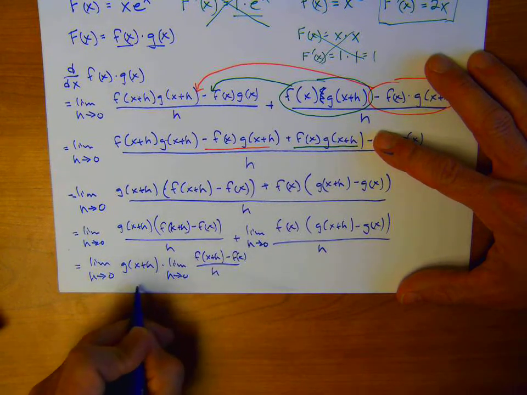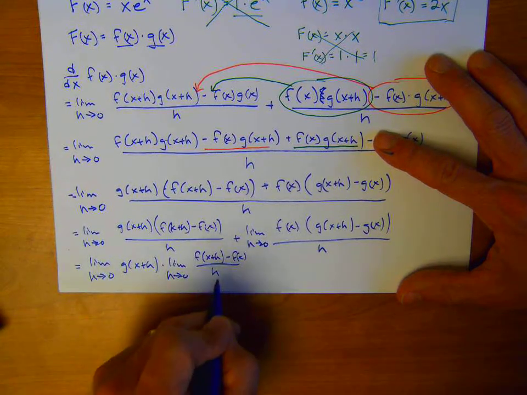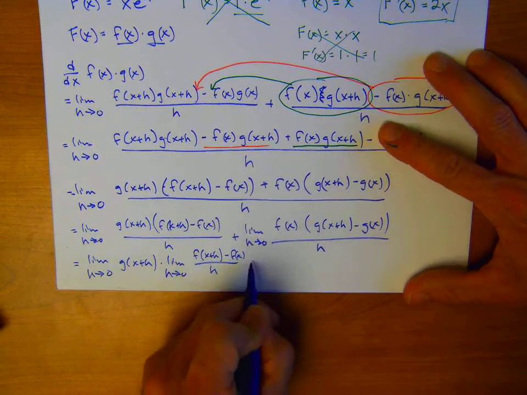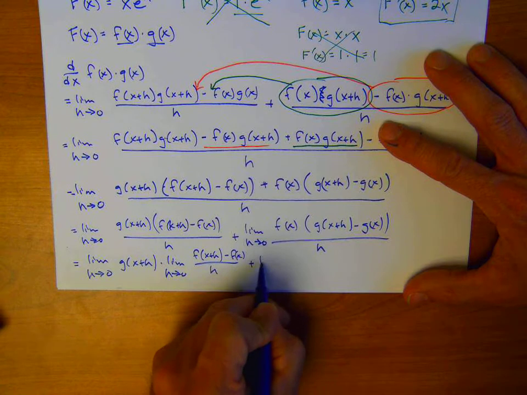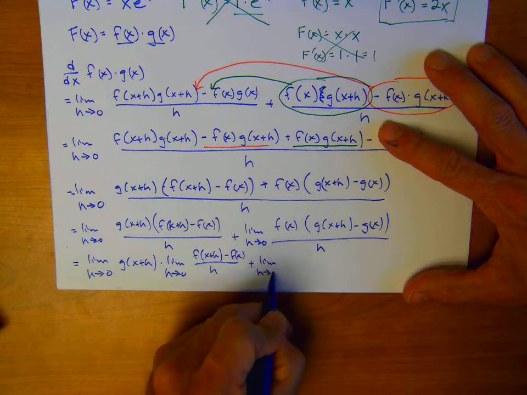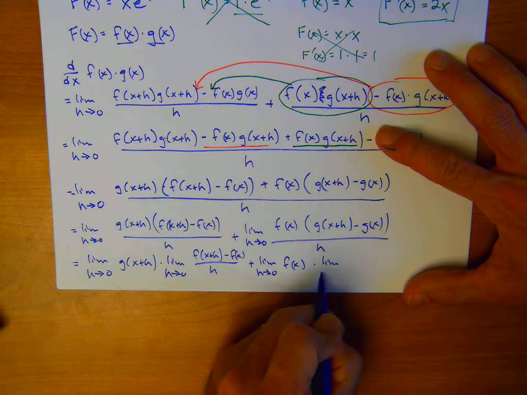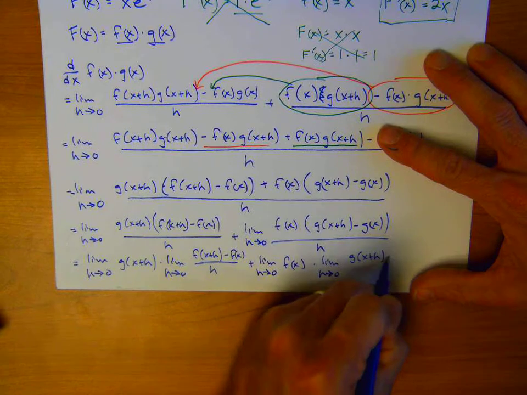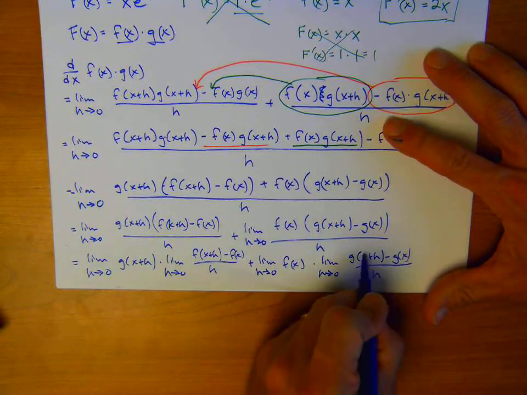There's no h underneath here, because if I had an h underneath here, then when I multiply it, I would get h squared. I'm going to include the h over here because obviously this is f prime by definition. Alright, now I'm going to do the same thing over here. So I'm going to rewrite this as the limit as h goes to 0 of f of x times the limit as h goes to 0 of g of x plus h minus g of x over h. Again, I want the h over here because this is g prime.